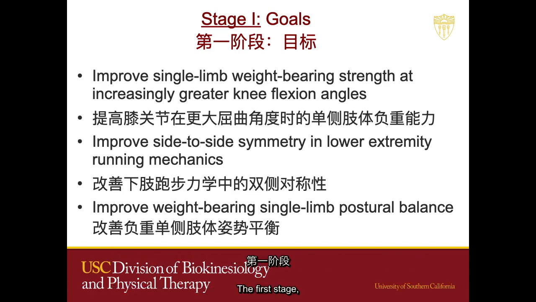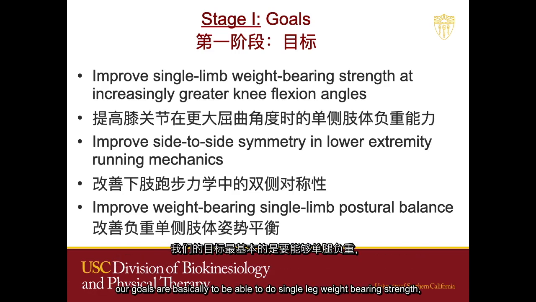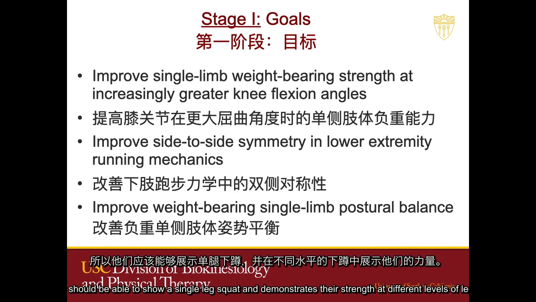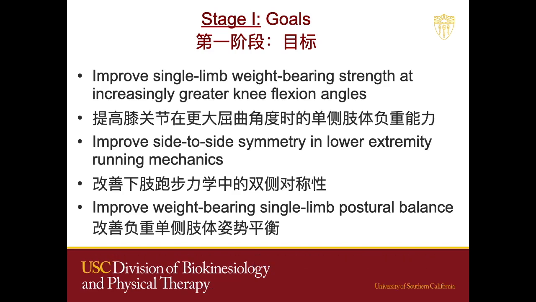So in the first stage, our goals are basically to be able to do single leg weight bearing strength, so being able to see their strength through different angles of knee flexion. They should be able to show a single leg squat and demonstrate their strength at different levels of that squat.